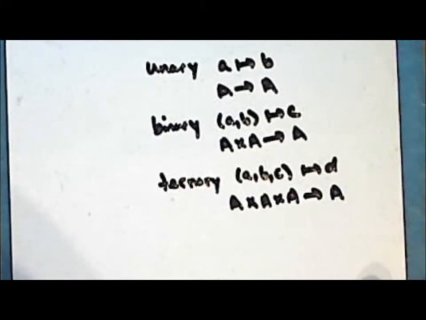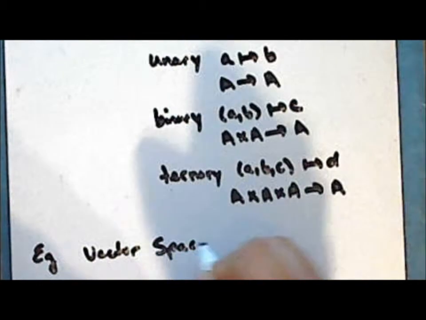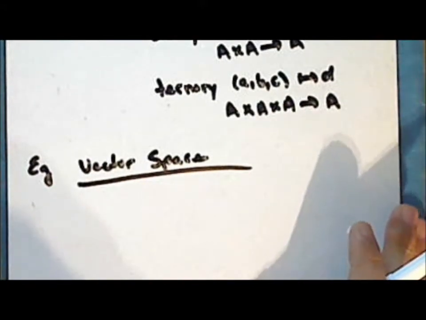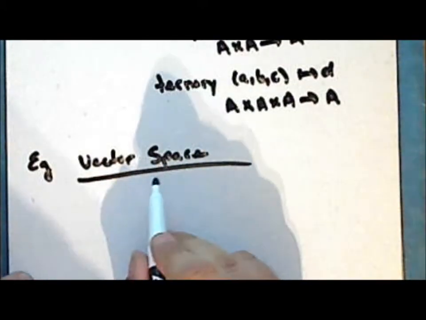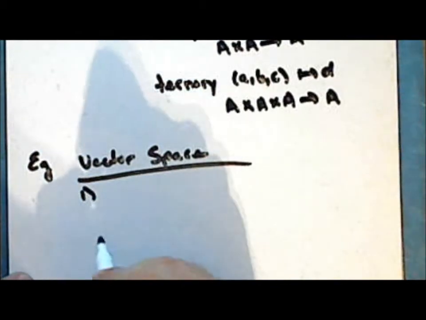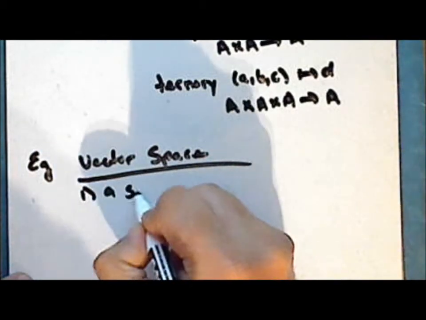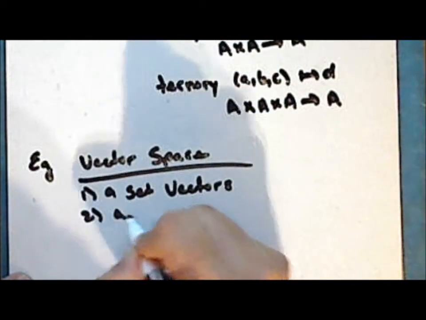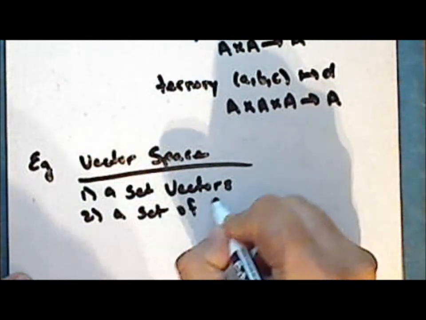Now, as a counterexample to demonstrate a structure that is not a binary algebraic structure, let's consider a vector space. Now, we have not yet formally defined a vector space, but we have looked at vector spaces enough to realize that the vector space consists of two sets, a set of vectors and a set of scalars.